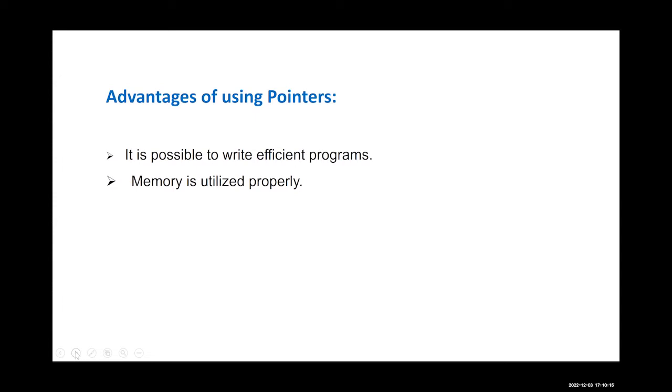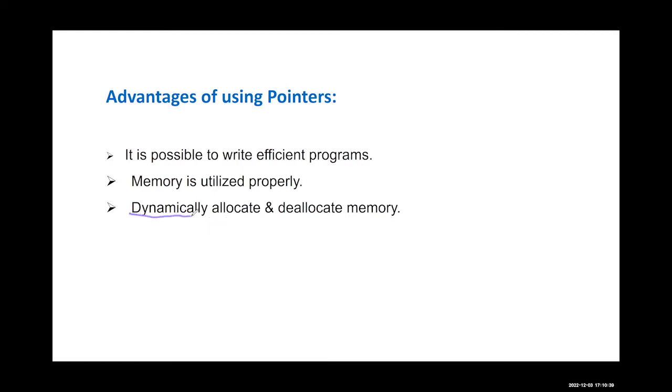Since we are directly accessing the memory, we can utilize it efficiently, dynamically during the execution of the program itself. I can use the memory, allocate the memory, deallocate the memory, right? Dynamic allocation and deallocation of the memory, that is what I said just now.